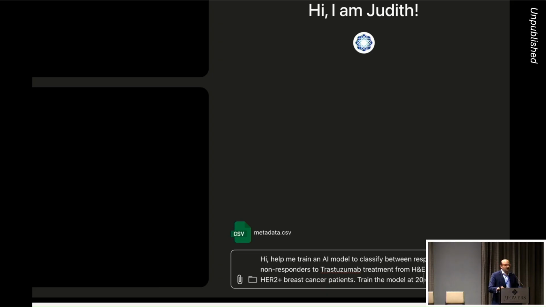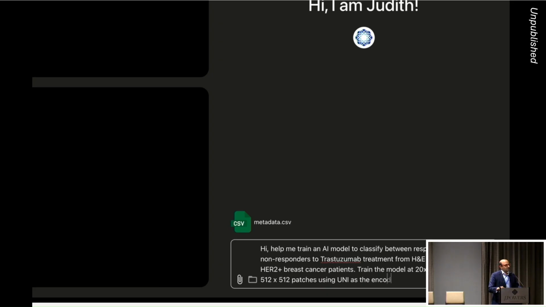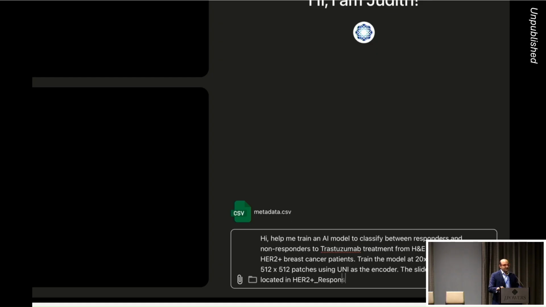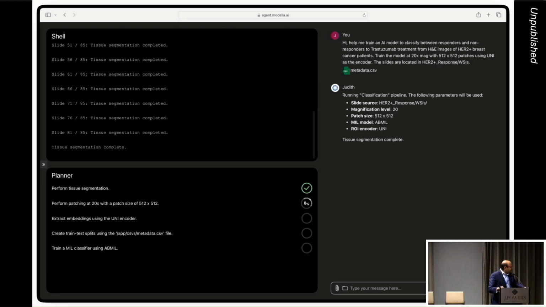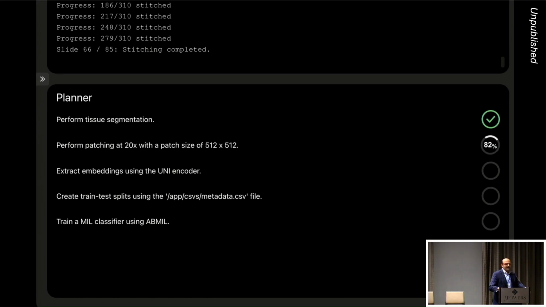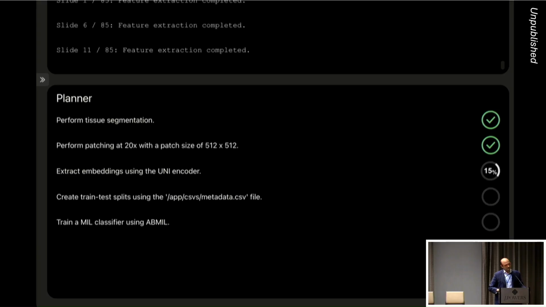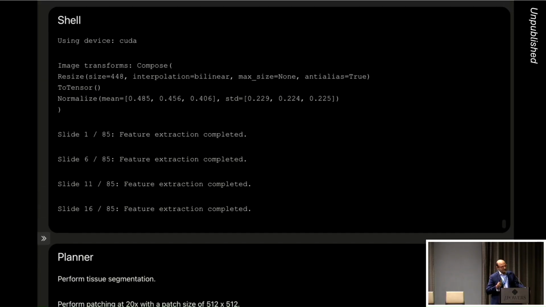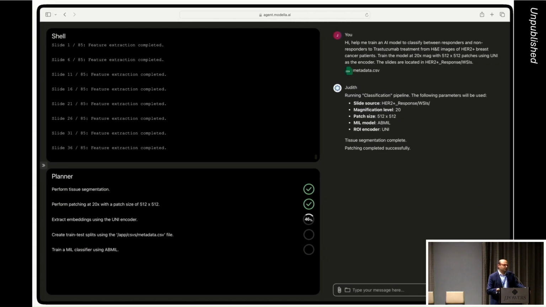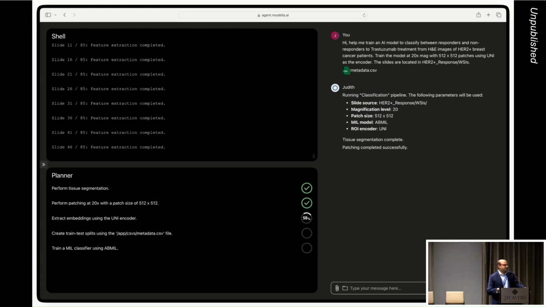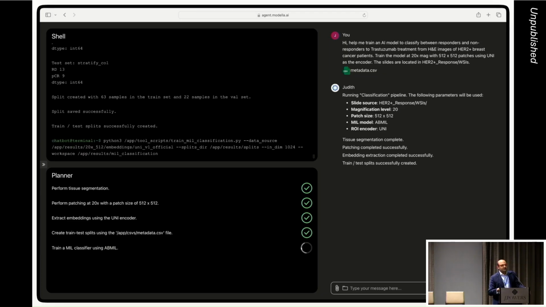Can you go train a model where we can assess whether there's any difference between the responding and non-responding cohort? It then makes a plan and goes and executes that plan. In this case, it's pathology images, so it will segment the tissue, extract the features, train the model, and then go assess what the model would do. This is surprisingly very simplistic to build, but very, very powerful in the sense that it can lower the barrier for who could be doing this kind of research on this data.